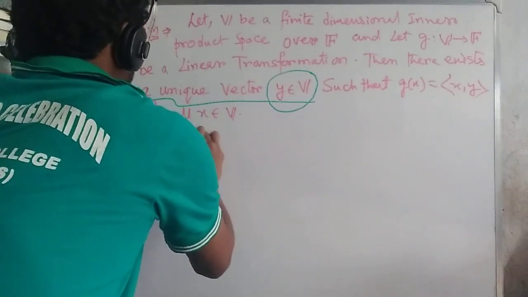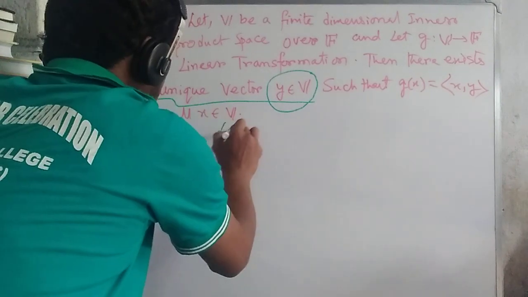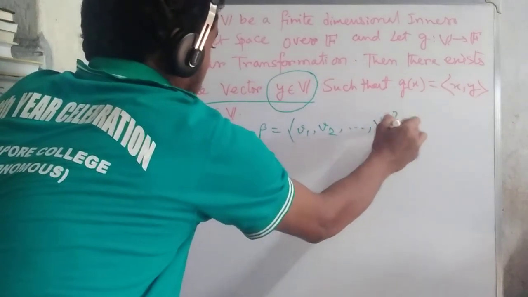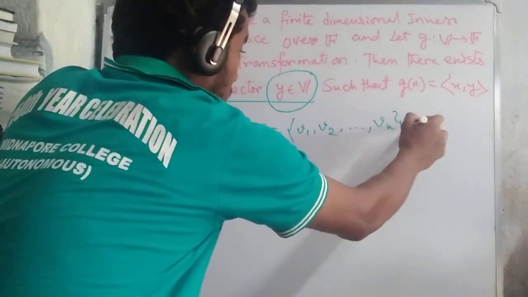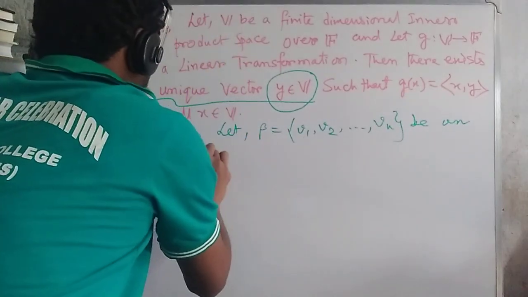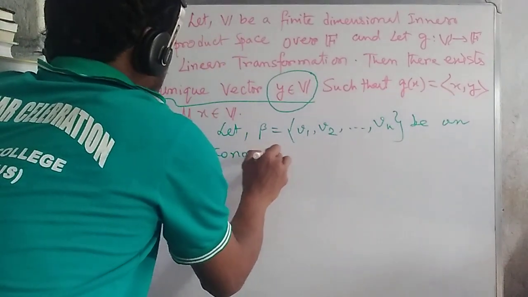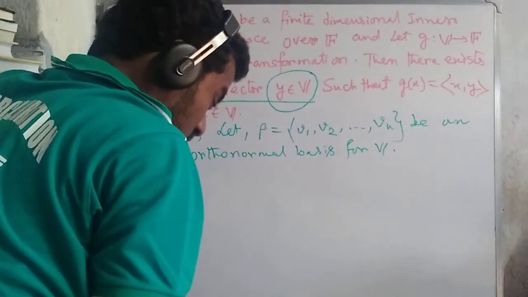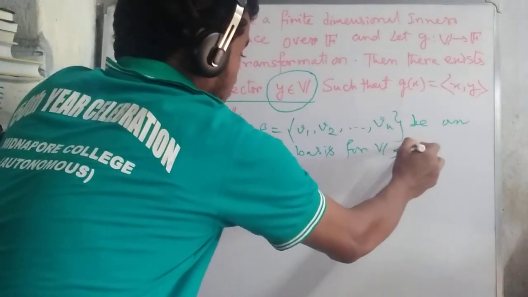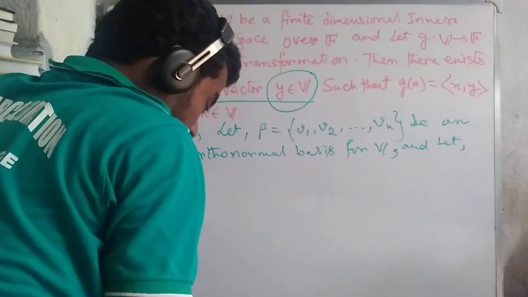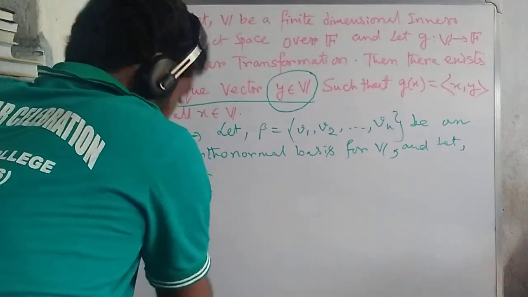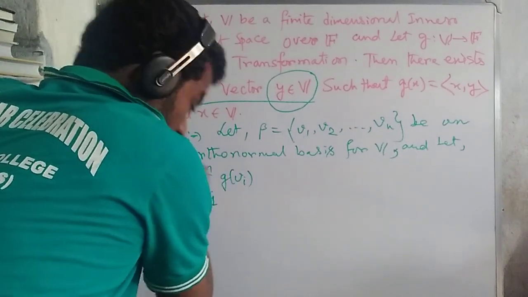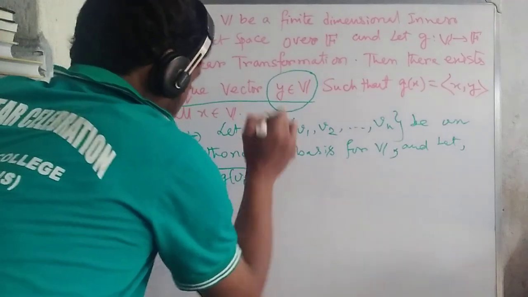Here we write the proof. Let beta equal to v1, v2, ..., vn be an orthonormal basis for V. Understood? Then let y equal to the summation from i equal to 1 to n of the conjugate of g(vi) times vi.